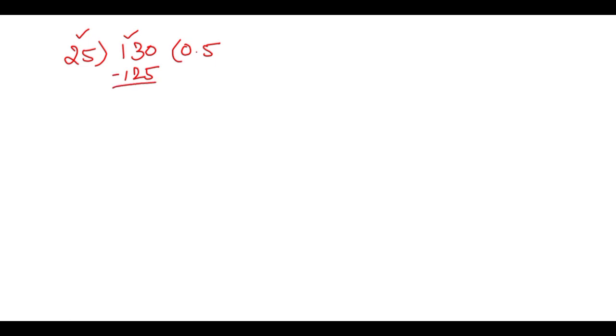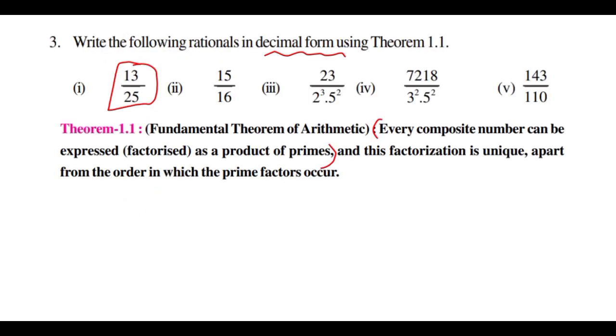The remainder is 5, and since we already have the point, we take a 0. 25 2s are 50, so 13 divided by 25 equals 0.52. So this is the actual process.